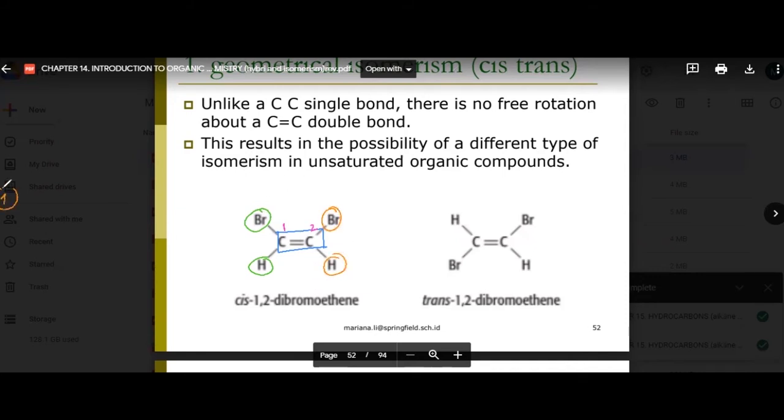So first, the carbons of the double bond should be bonded to two different groups.